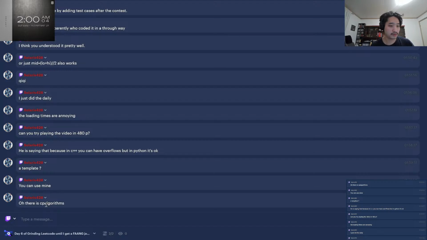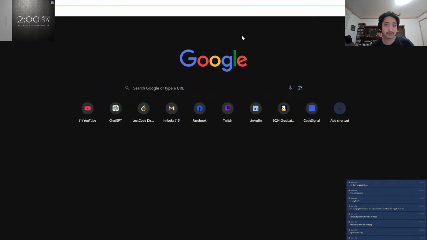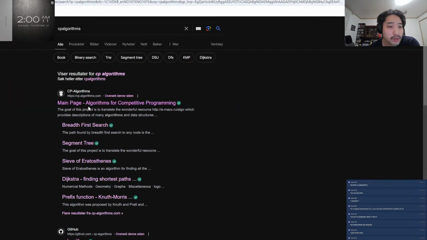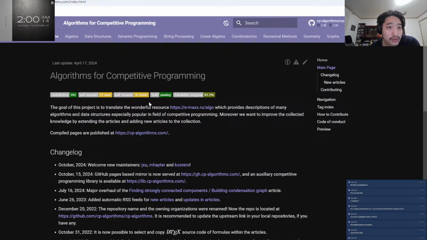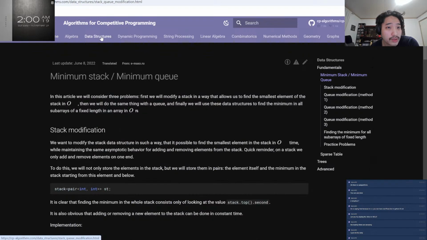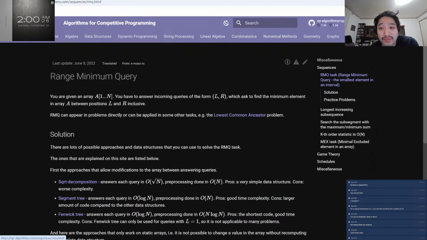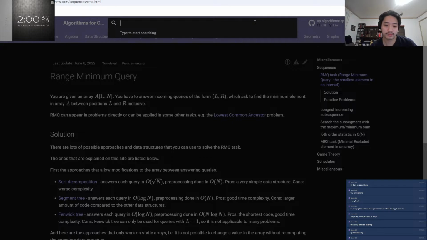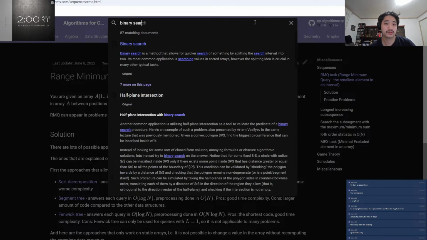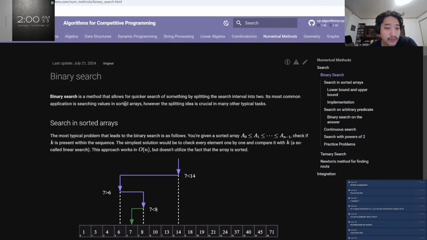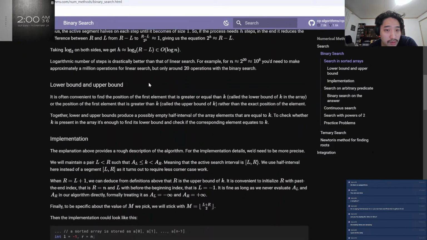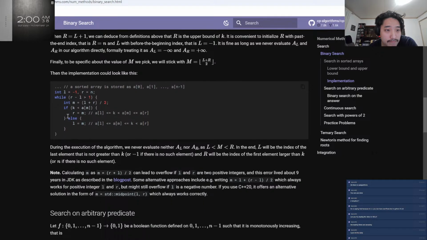Oh, there is a site for algorithms. This should be in the realm of not data structures, no. Okay.